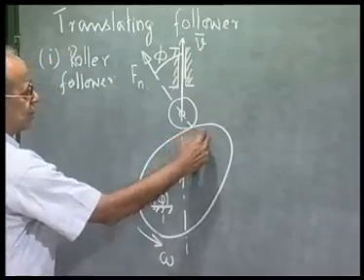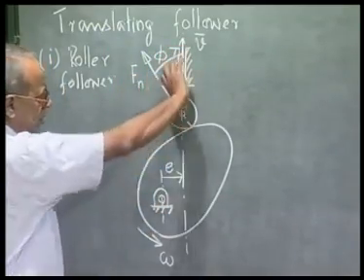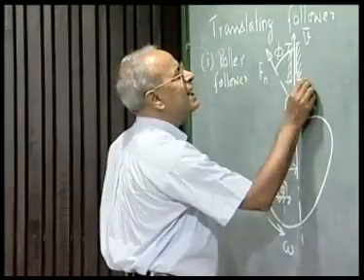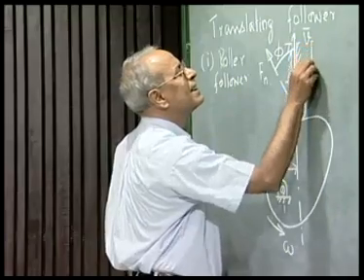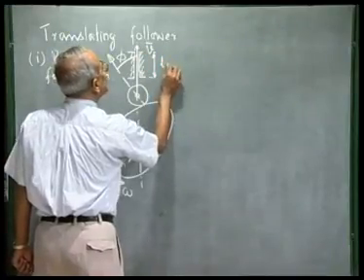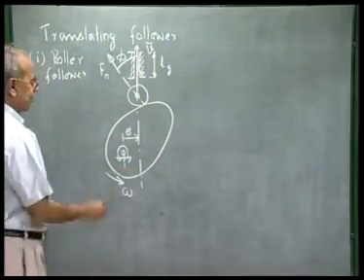As we know, due to this force Fn, there is a tendency of the follower to cock or rotate clockwise within its guide. Let the guide length be Lg. This is the length of the guide, which, as we will see, will be an important parameter.